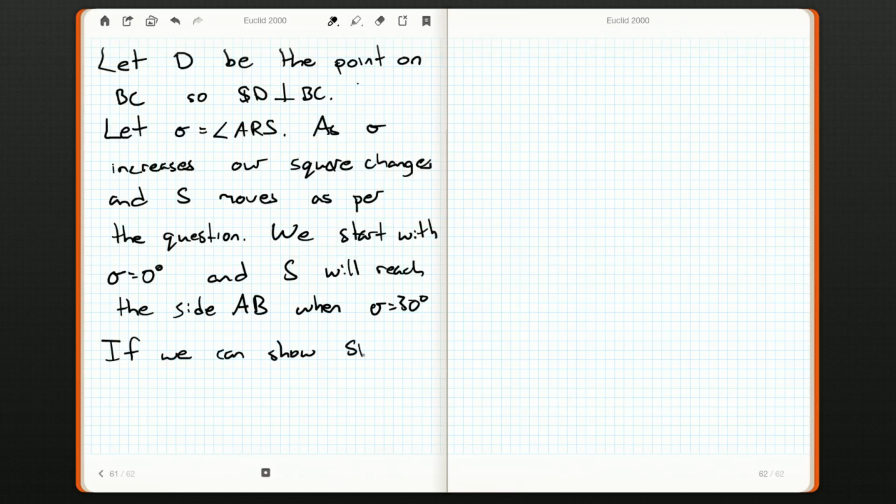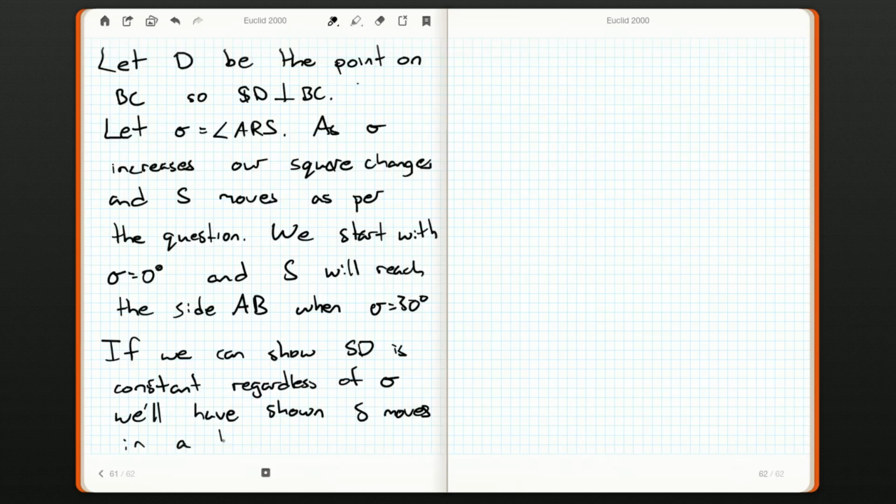If we can show that SD is constant, regardless of what angle sigma we rotated by, we'll have shown S moves in a line parallel to BC, and that's exactly what we wanted to show, correct?